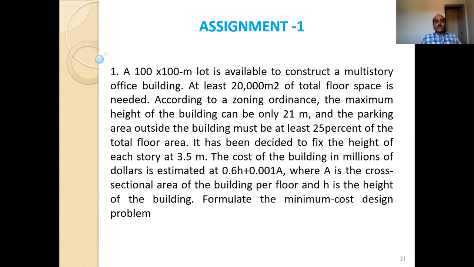A 100 by 100 meter lot is available to construct a multi-story office building. At least 20,000 square meters of total floor space is needed.